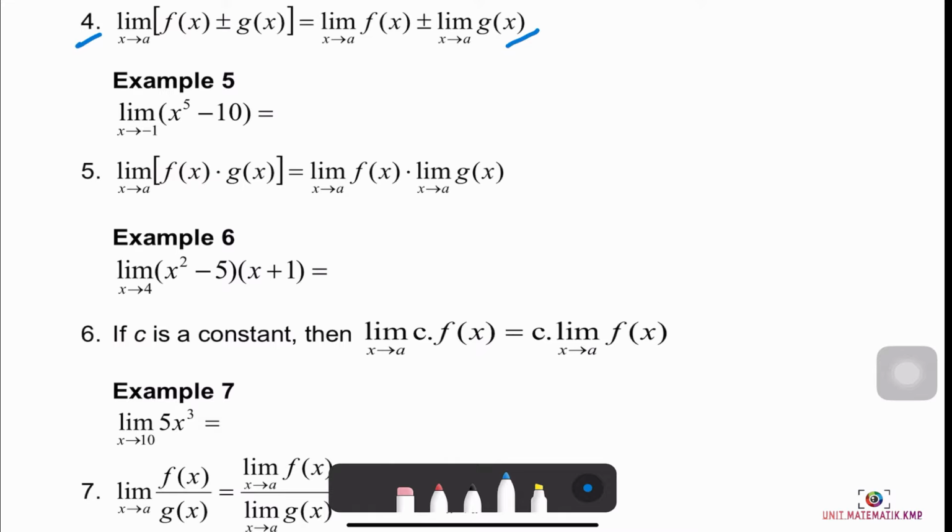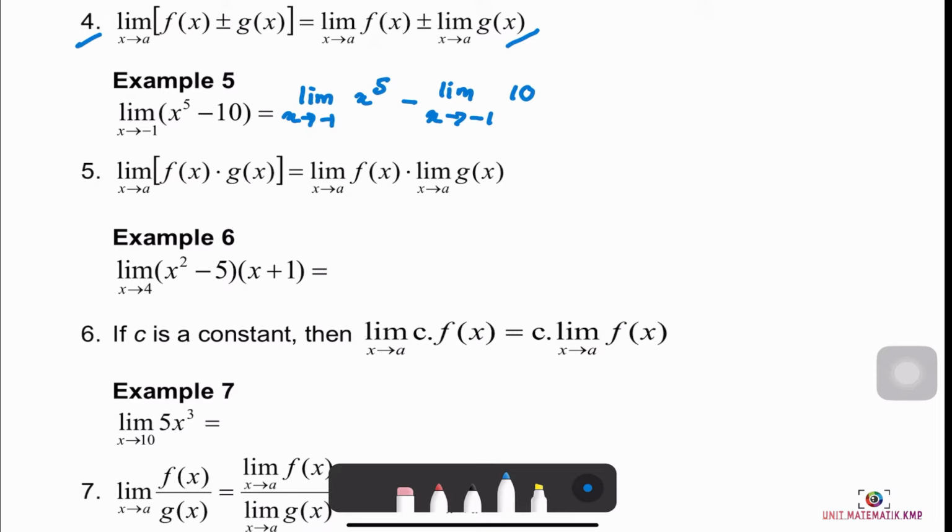So for example 5 here, we have the limit of x to the power of 5 minus 10 when x approaches minus 1. By using property number 4, we can write this as the limit of x^5 when x approaches minus 1, minus the limit of 10 as x approaches minus 1, and this one is 10.